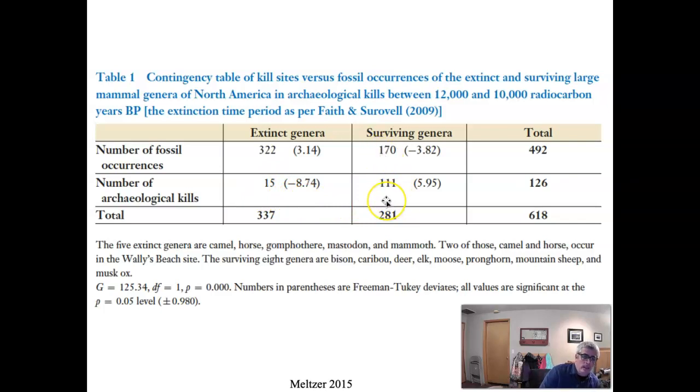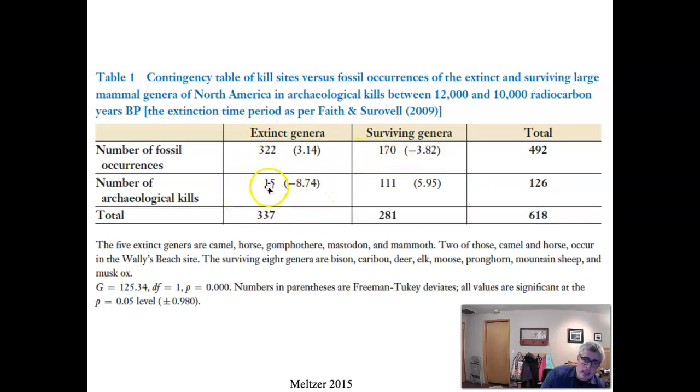What they're trying to say is that if archaeological kills were the primary driver of decline, you would see a similar ratio. Here you've got 300 genera that went extinct and 170 that are surviving, so there are more extinct than surviving.